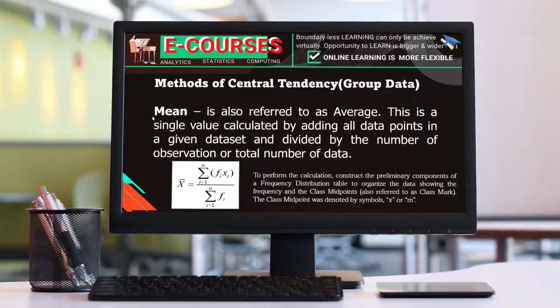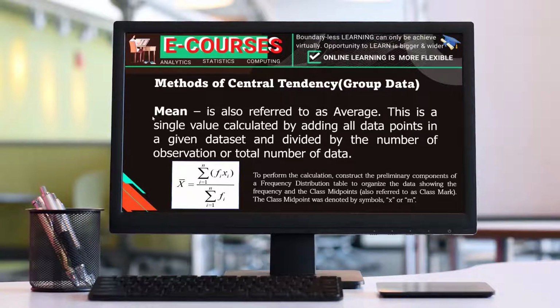Alright, so technically, to perform the calculation, construct the preliminary components of a frequency distribution table to organize the data showing the frequency and the class midpoints. Okay, so class midpoint is also called class mark, and this was denoted by symbol X or M. Okay, so do not be confused when you see a frequency distribution table and you see the value of X, that is the midpoint.